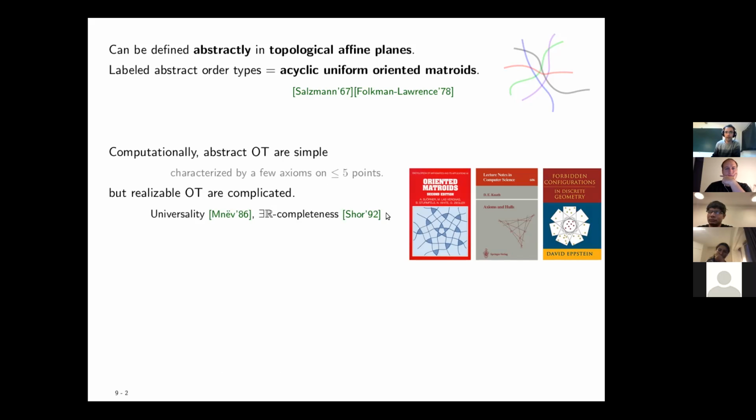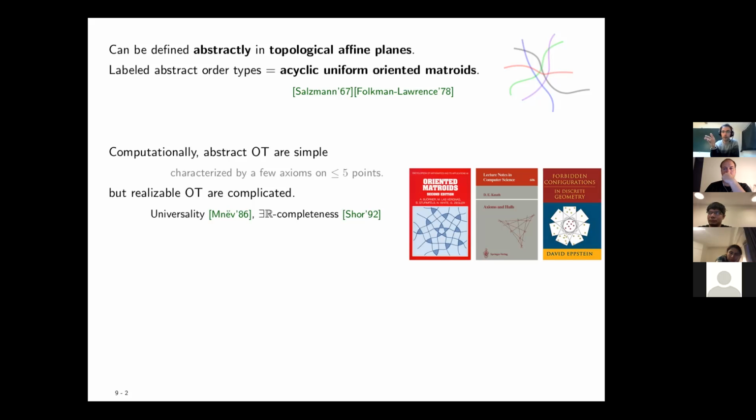The answer here is given by Mnëv's universality theorem, which tells you the following: you can fix the order type, or say the labeled order type, and look at all possible sequences of endpoints that realize this order type. On this set of realizations, you can ask what its topology is.